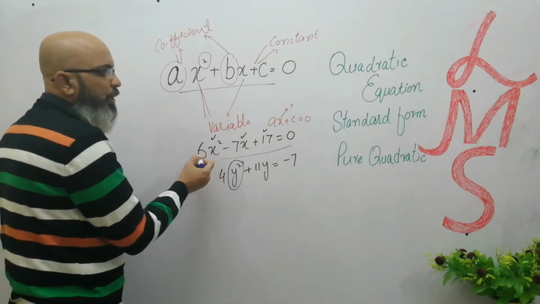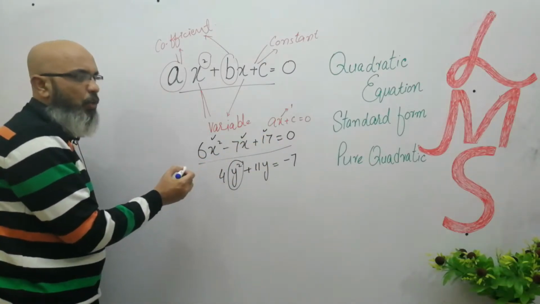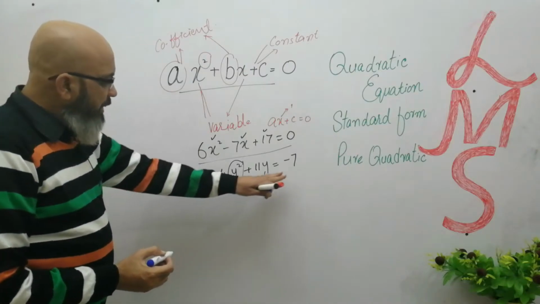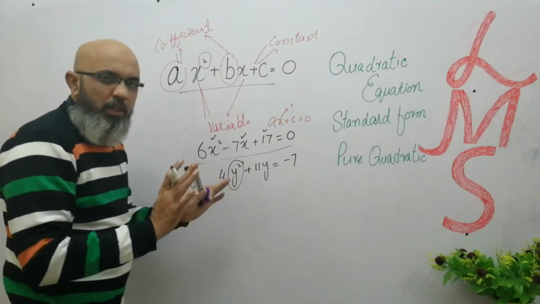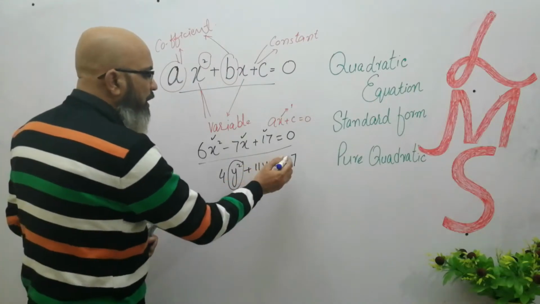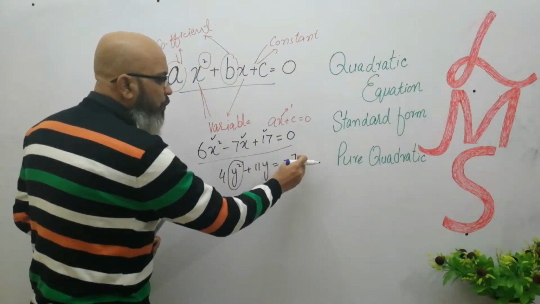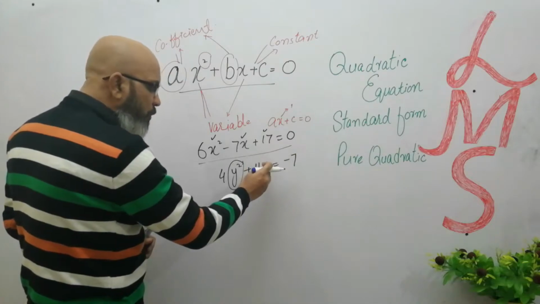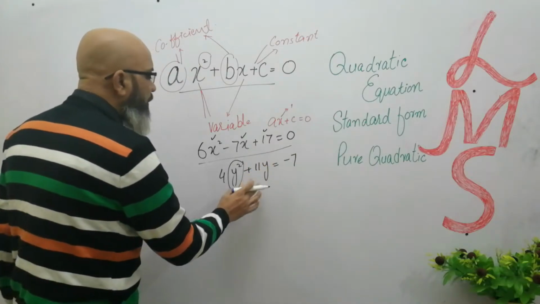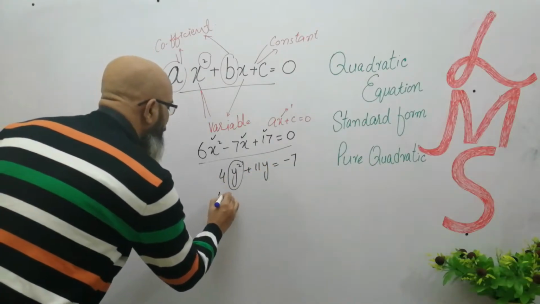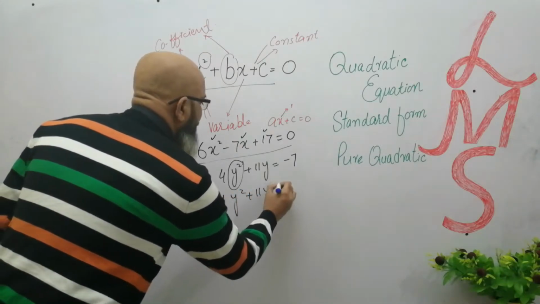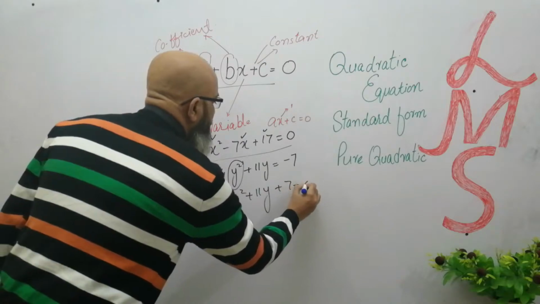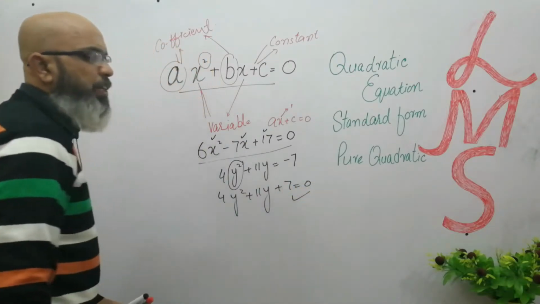So this is called the standard form of your quadratic equation. Is this a standard form? No, it's a quadratic equation, but it's not a standard form because of the 7, the constant, in this position. If we move the constant in this way, then it can be a standard form. If I want to change this into standard form, we will move this 7 in this way and its sign should be changed. Now this is your standard form.